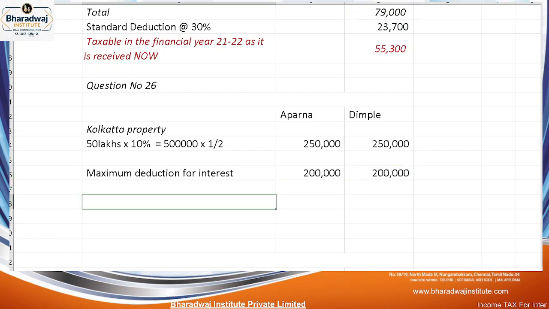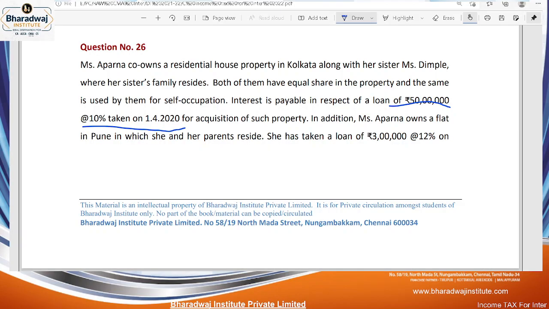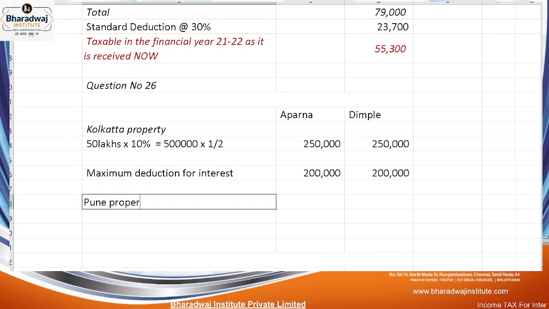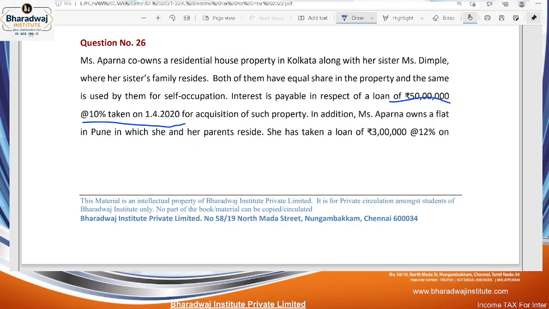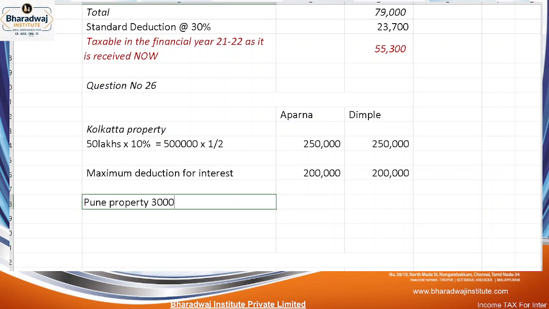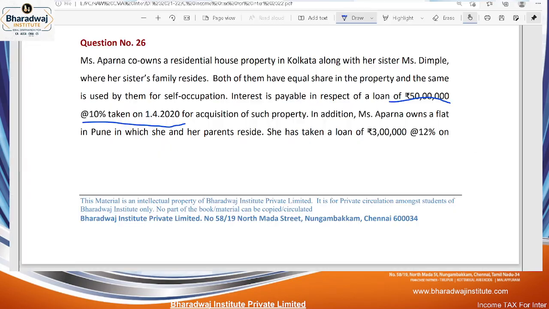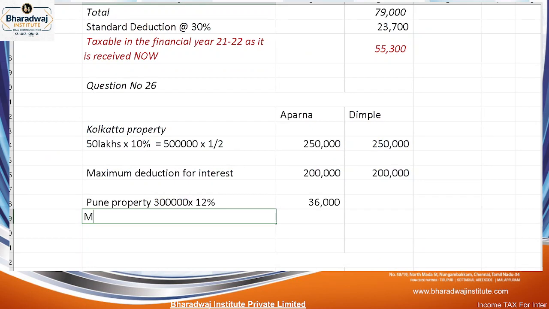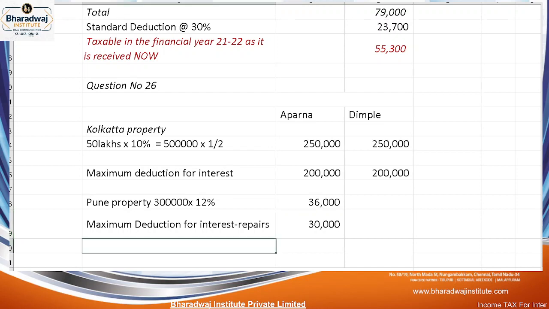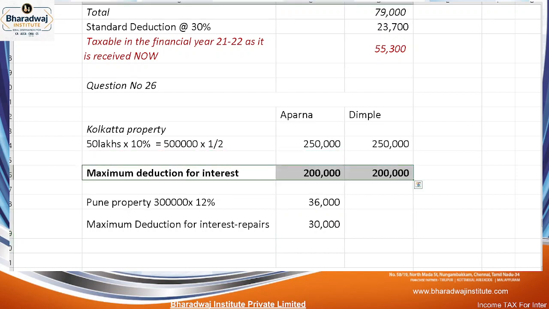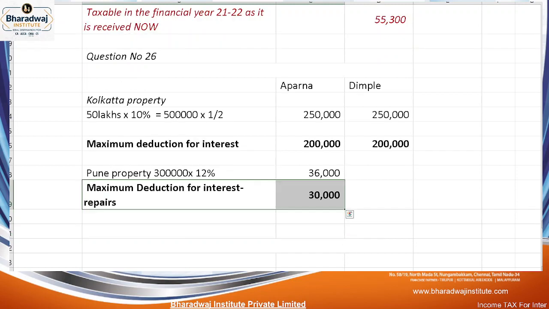Then which one? Aparna owns a property in Pune. Interest, if you look at 3 lakhs at 12%, this is owned by Aparna separately and taken for repairs. So the property for construction or purchase, interest 2 lakhs, and 30,000 for repairs.